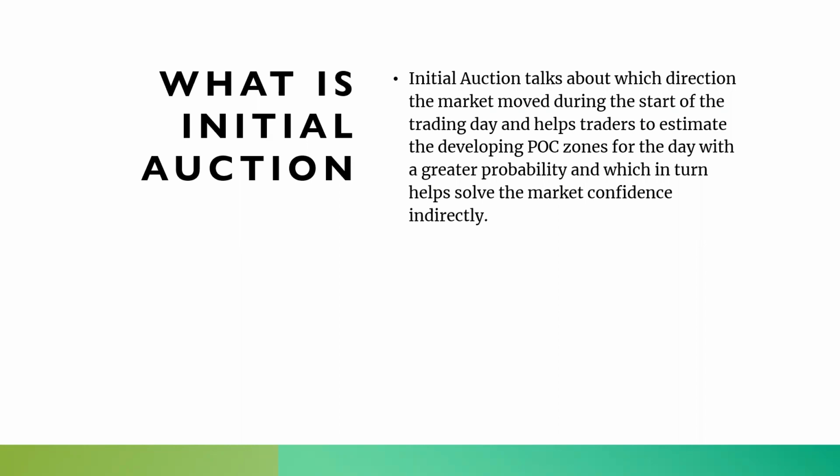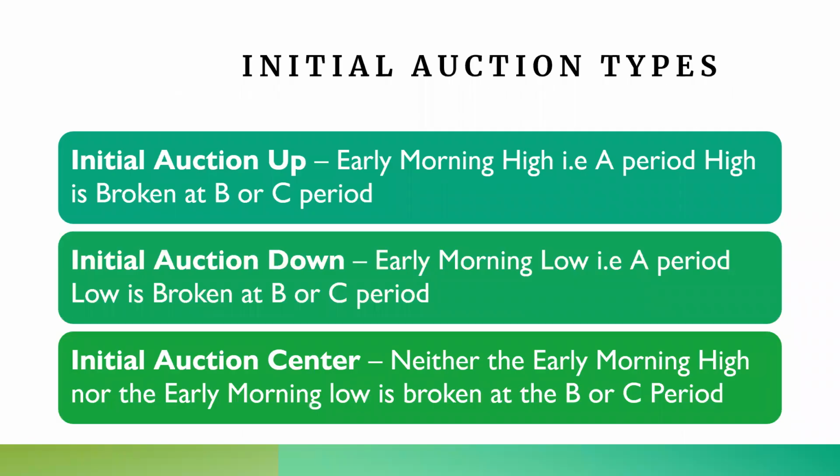It also helps us evaluate the odds that value area is likely to build higher, or the chances that value area is likely to be built lower. Initial auction helps you solve market confidence indirectly. We can classify initial auction into 3 categories: initial auction up, initial auction down, and initial auction center.